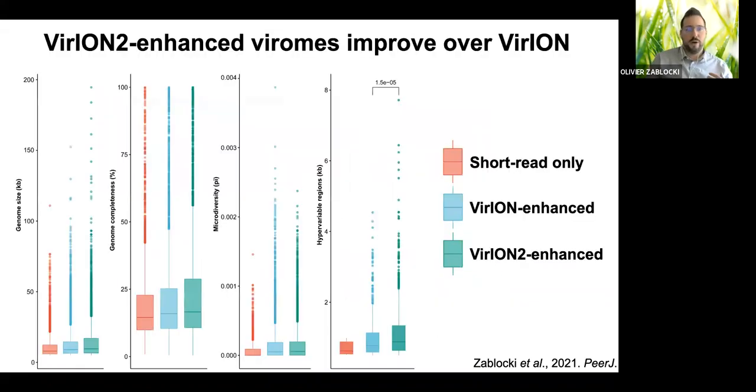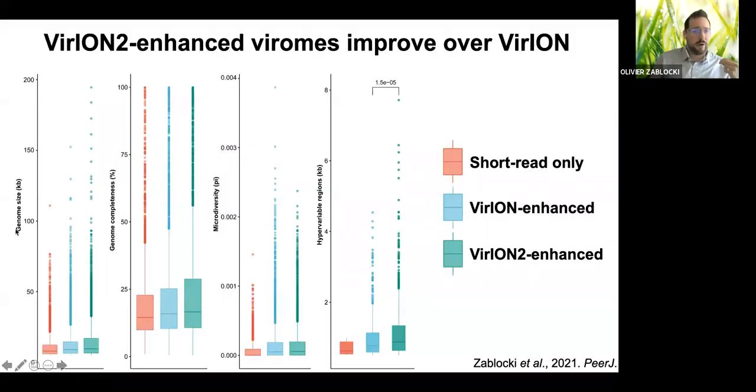And so these are a few examples of what you can expect when you add long reads, specifically from the second iteration of virion to a virome. So you have an increase in the recovery of genome sizes of the phages. Red is short reads only, green is virion 2 enhanced in the sense that we used both technologies.